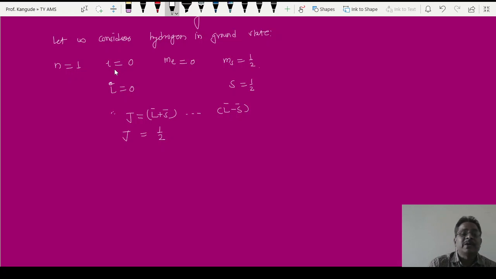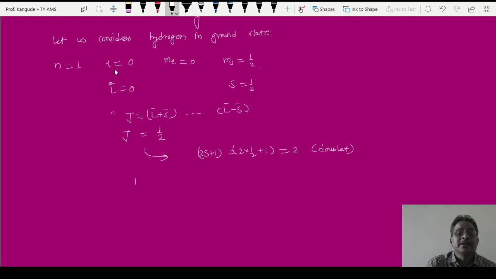Therefore I can write the state of this particular system as follows. The multiplicity, twice S plus 1, is 2 into 1/2 plus 1, equal to 2, so this is a doublet.